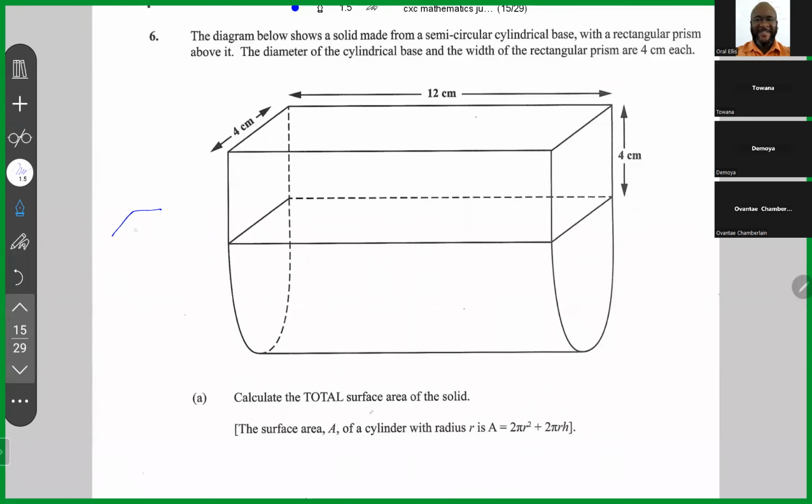So let me give you a sketch of what it could otherwise look like. All right, otherwise this solid will look something like this.